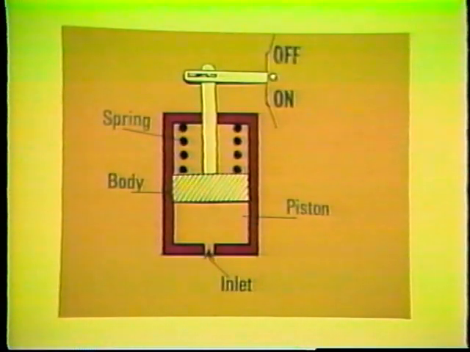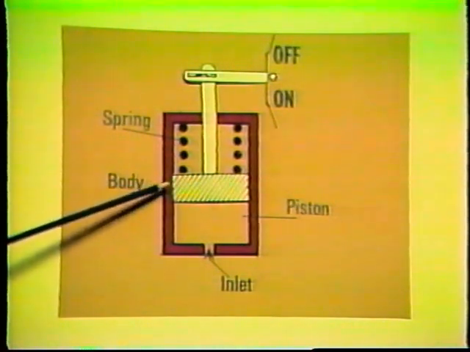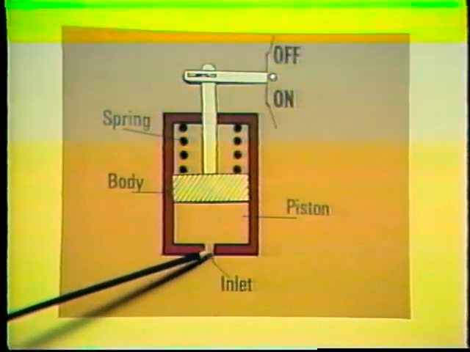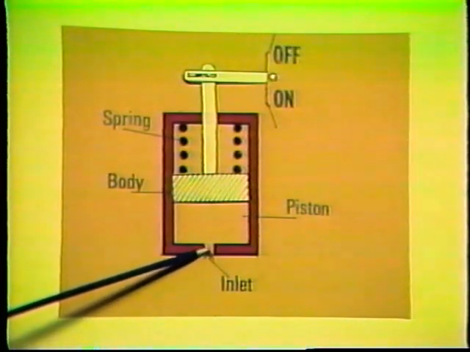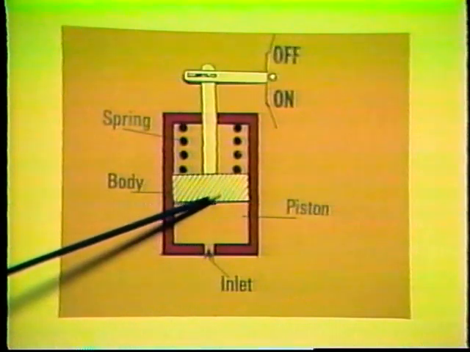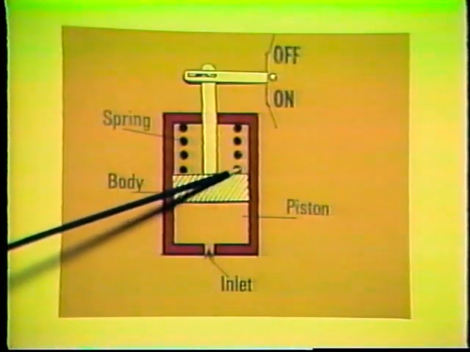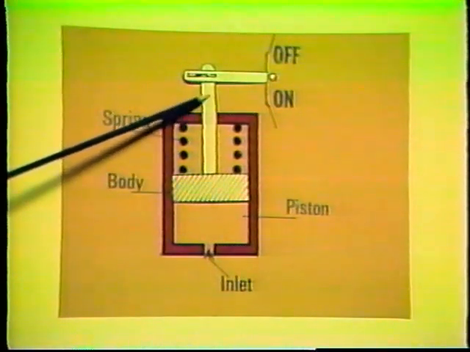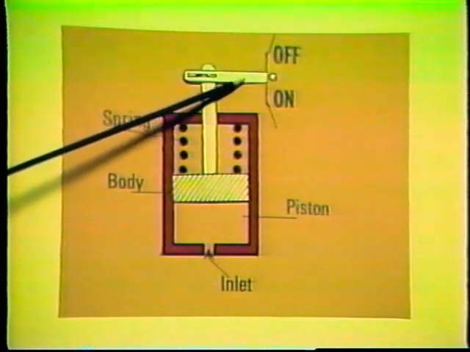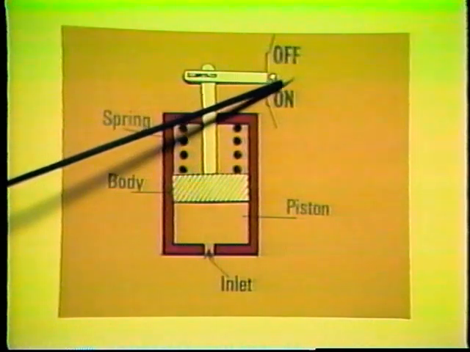We can explain its operation by using this drawing. It shows all the main parts. This is the switch body, and here is the inlet opening we saw earlier. Inside the switch body, there is a piston held in place by a spring. A rod on the piston here is connected to and operates the electrical contacts.